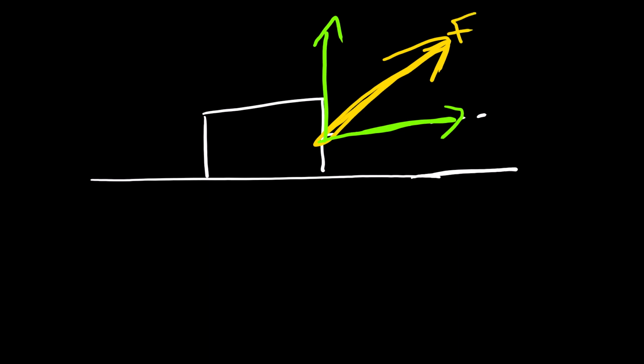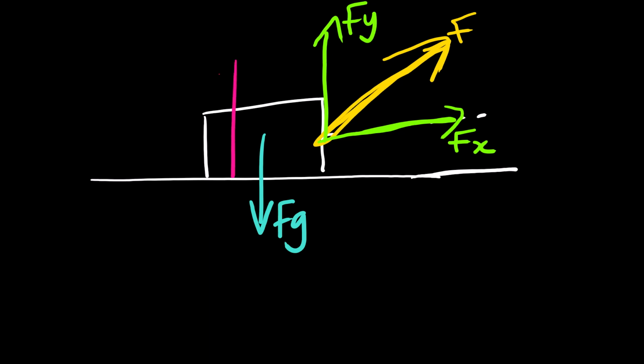So this is F, then this will be our Fx, and this will be our Fy, the components of this force. We also have the gravitational force, and then we have our normal force, which is in this direction. Now remember, when we resolve a force into its components, we no longer consider the original force. We only look at its components.